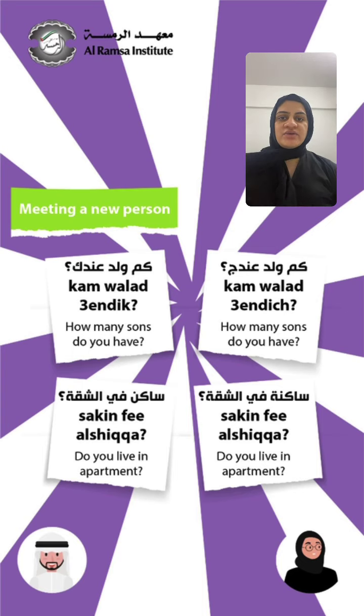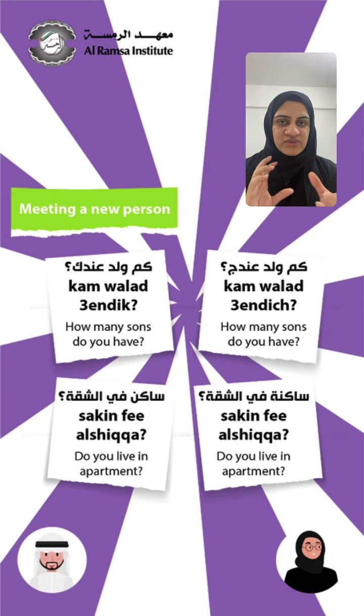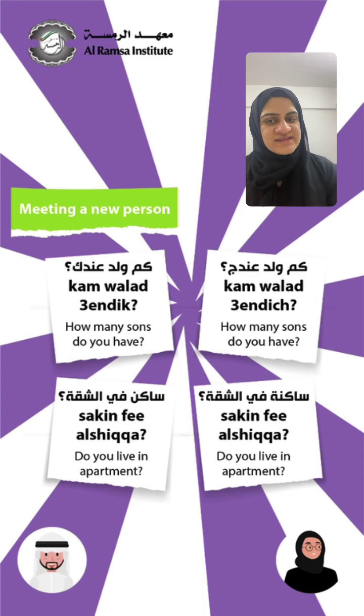And for female you can say ساكنة في شقة. If you have seen the lesson for اسم فاعل, you will understand the meaning of ساكن and ساكنة. It's not the verb, it's like اسم فاعل.